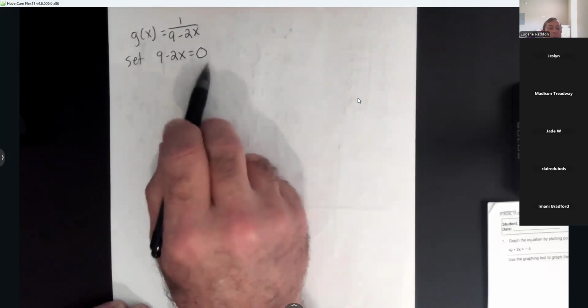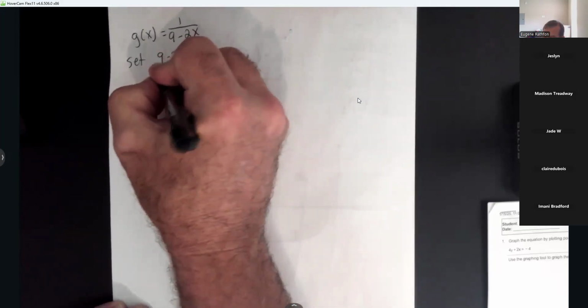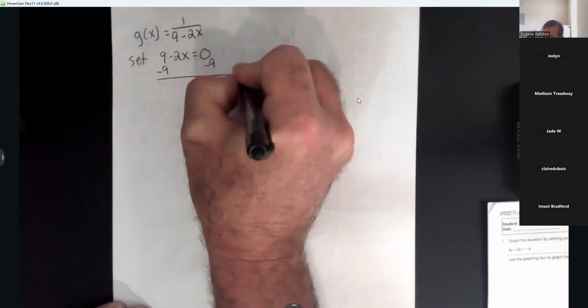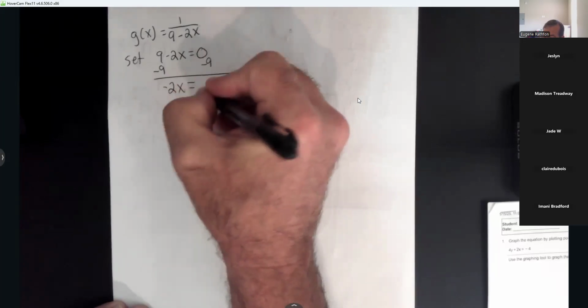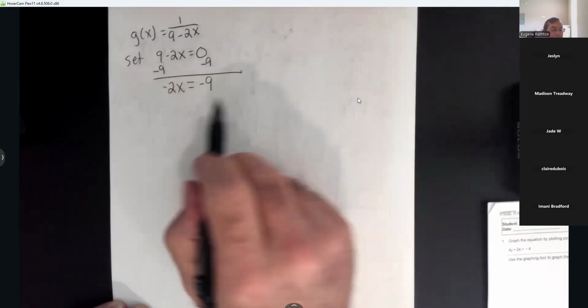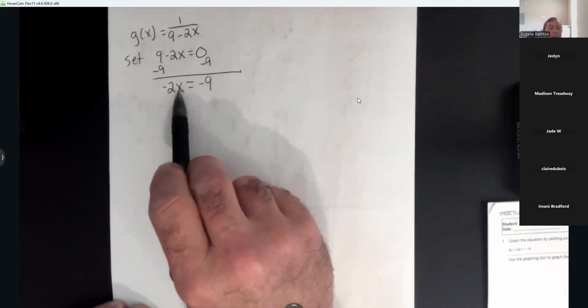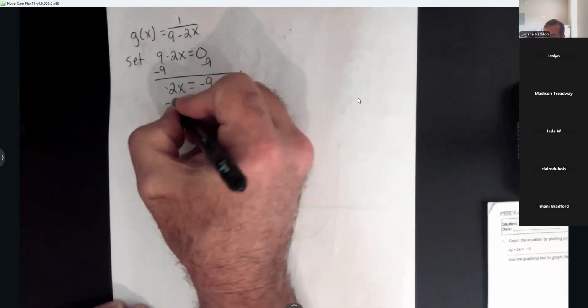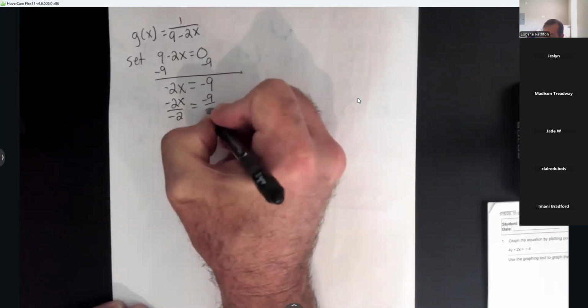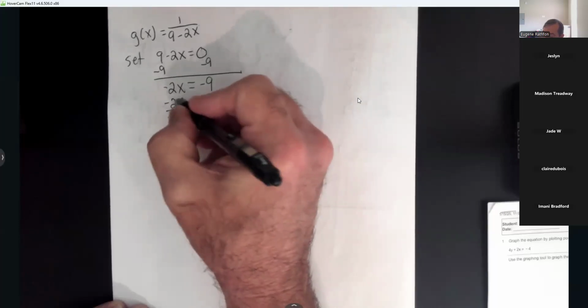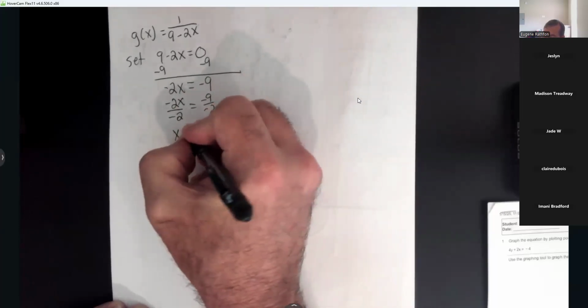So to solve this, pull that 9 over by subtracting. Well, that cancels. I got -2x equals -9. And then divide both sides by -2. So that -2 divided by -2 makes that a positive 1x now.